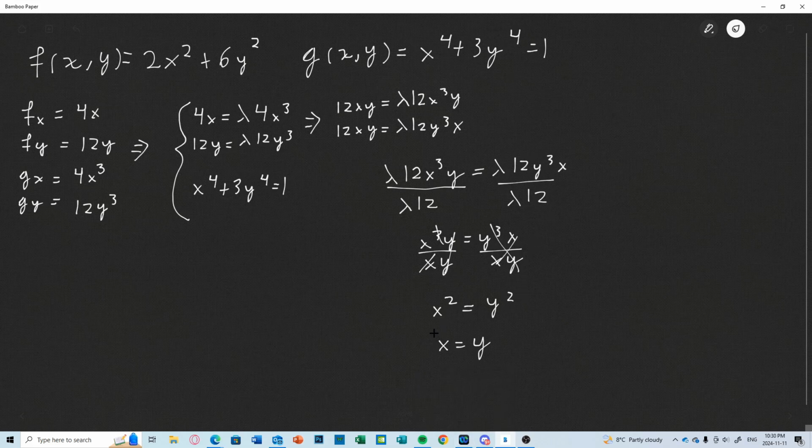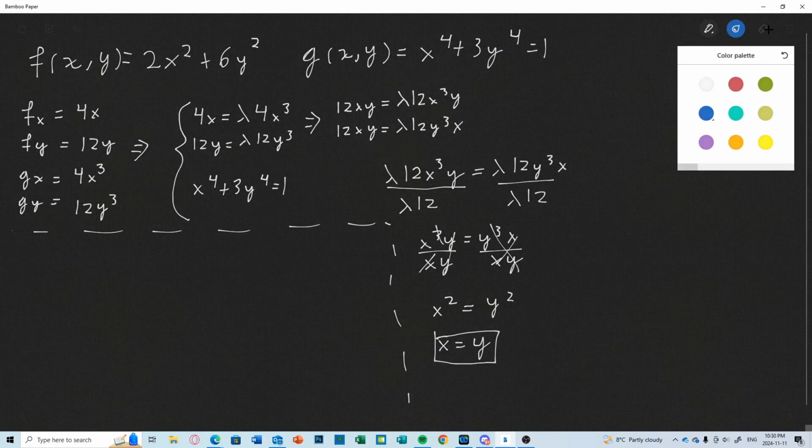Now, we can't just stop here. We still have to find the points. So now what we need to do is take x equal to y and put it back into the constraint. So I'll put it over here, and I'll put it in blue for finding the constraint.